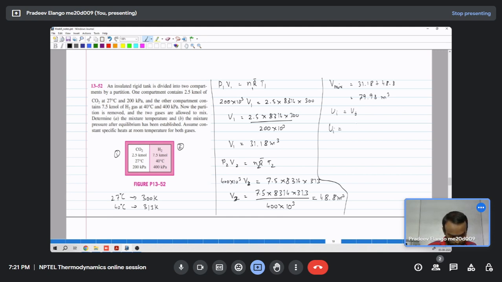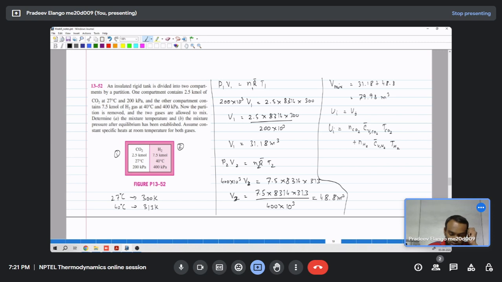So Ui is n_CO2 Cv on molar basis into temperature of CO2, plus n_hydrogen Cv of hydrogen on molar basis into temperature of hydrogen.